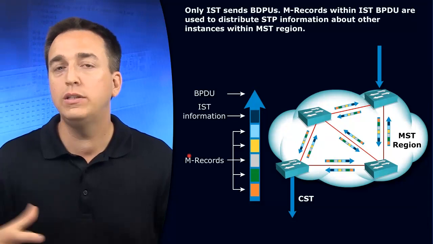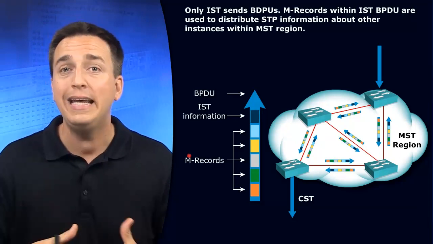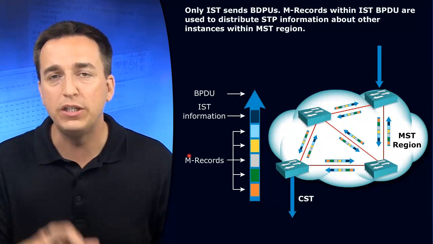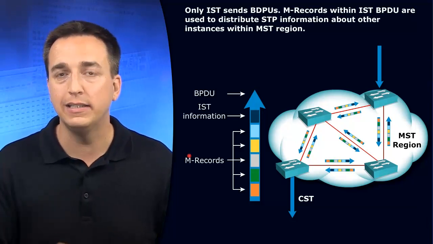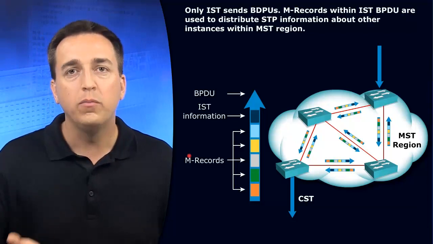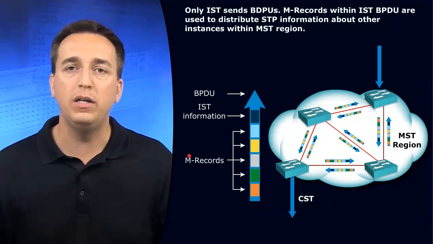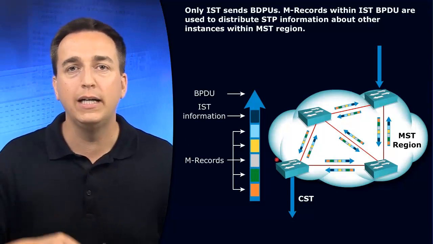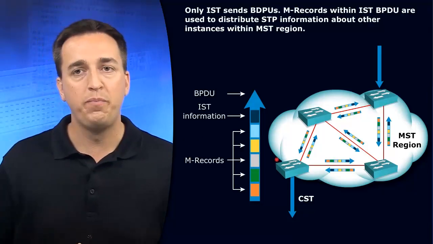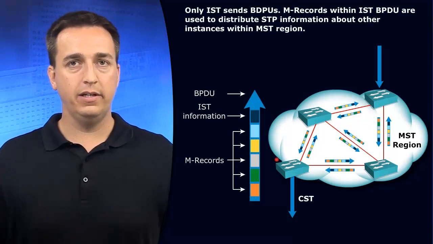So we're reducing the amount of BPDUs that are going to be needed within the particular MST region based on having that IST instance, or instance 0, send that BPDU information.